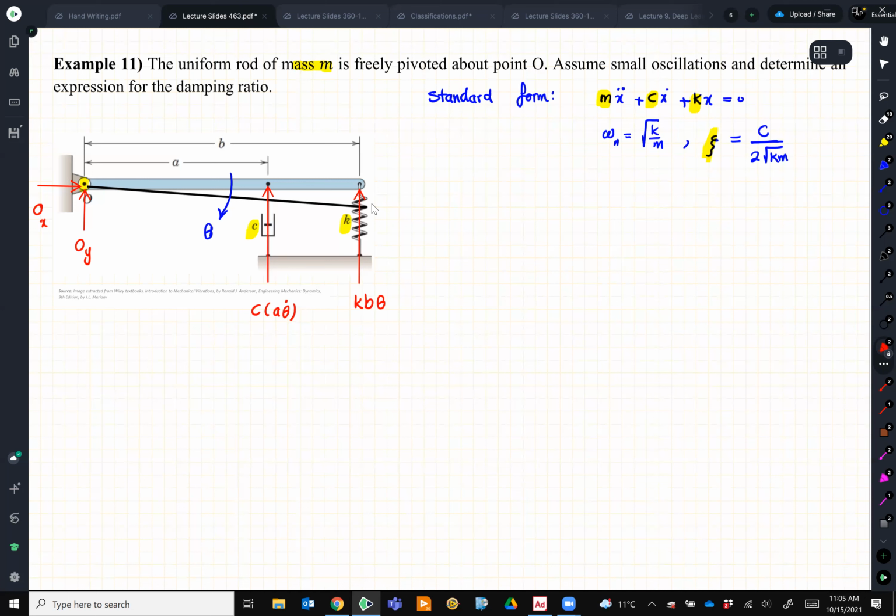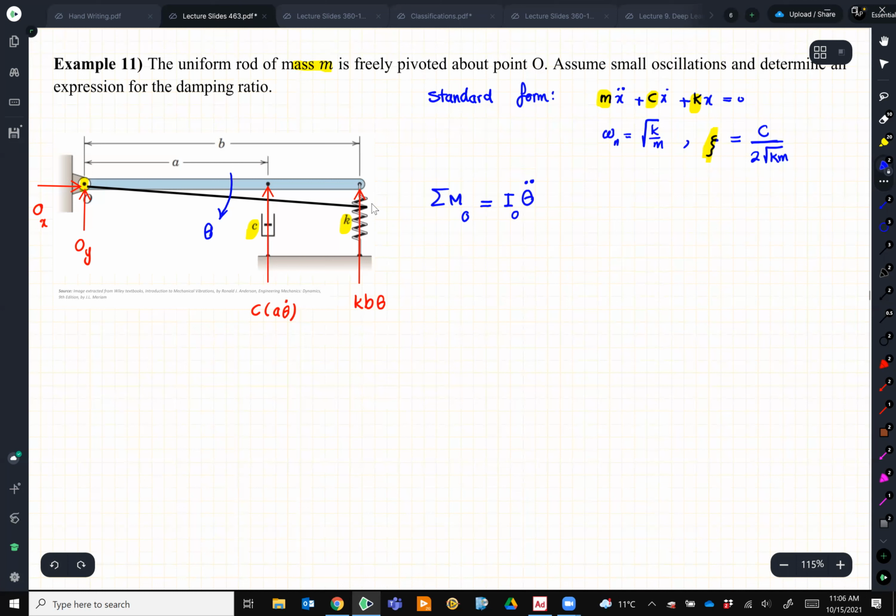That's my free body diagram. Since I have a rotating system, I can use the Euler formula. Since it's fixed to a point, I can simply write that the sum of all the moments about that point must be equal to I_O, the mass moment of inertia, multiplied by the angular acceleration, which is theta double dot.